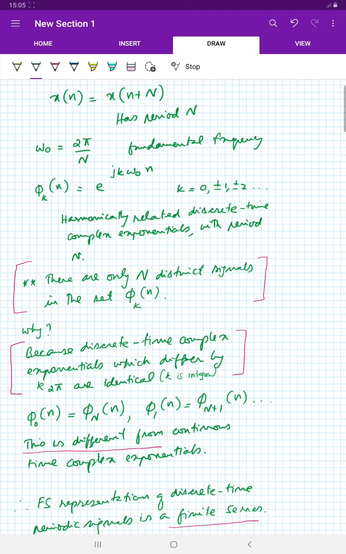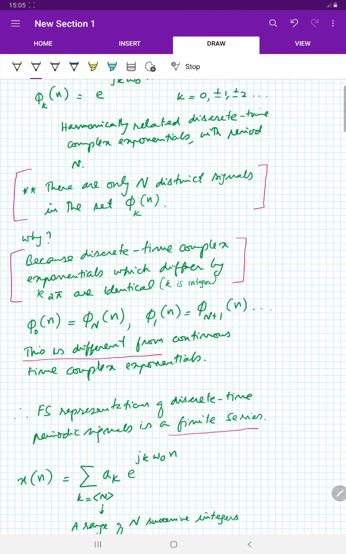For every value of k, you get a different harmonically related complex exponential. But in the discrete time case, there are only N distinct signals in this set. That means there are only N distinct harmonically related complex exponentials, where N is the same as the N of the fundamental period.